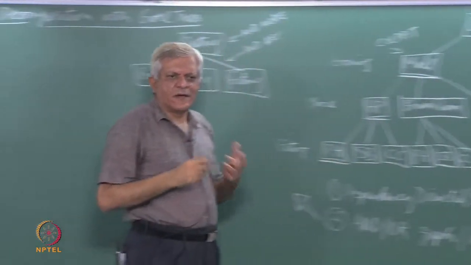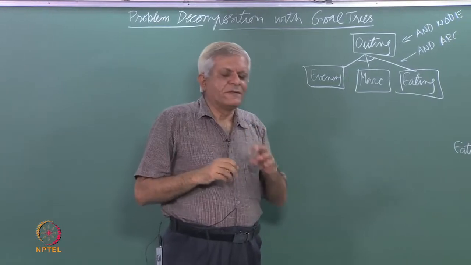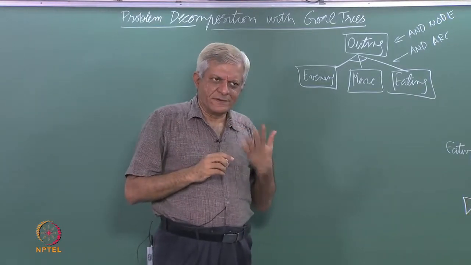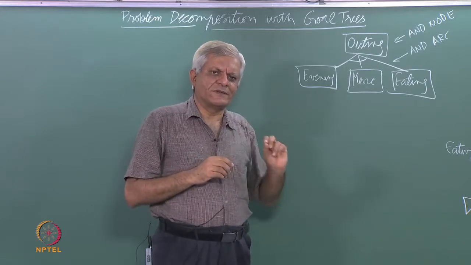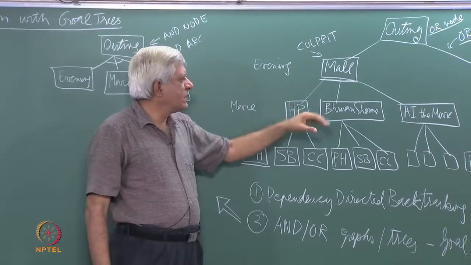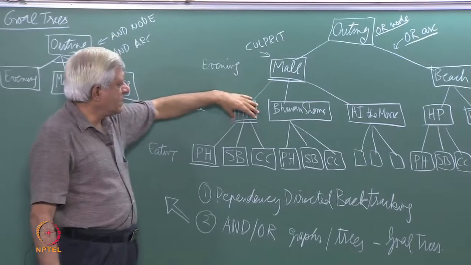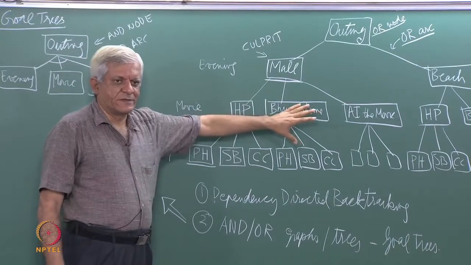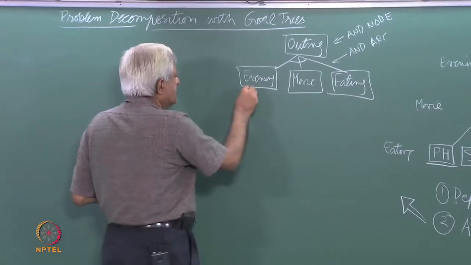An OR node has OR arcs below it, and the meaning is that you have to do one of the things below that. For example, you have to either go to the mall or go to the beach, or if you have decided upon the mall, then you have to choose Harry Potter or Bhuvanshom or AI. That is an OR. So, we have all those OR choices here as well.